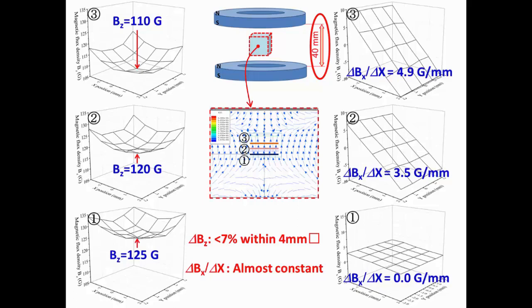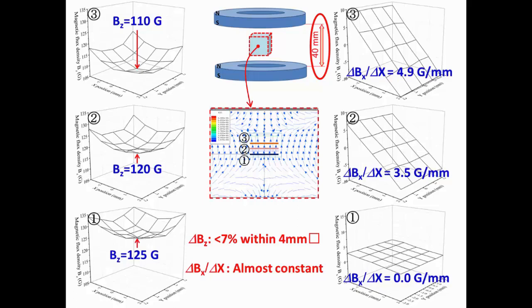On the other hand, the variation of the X directional field changes like this. The distributed parameter dBx/dx increases, and this variation shows a flat plane canted towards the X direction.